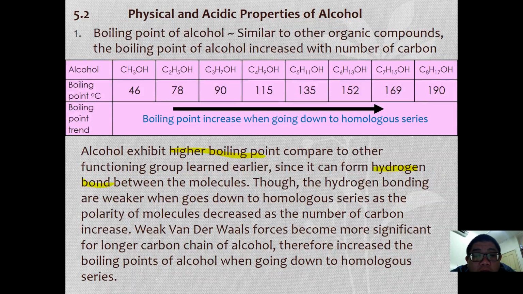However, the hydrogen bond strength becomes weaker when going down the homologous series due to the decrease in the polarity of the molecule. So weak van der Waals forces become more significant and therefore increase the boiling point of the alcohol when going down the homologous series.